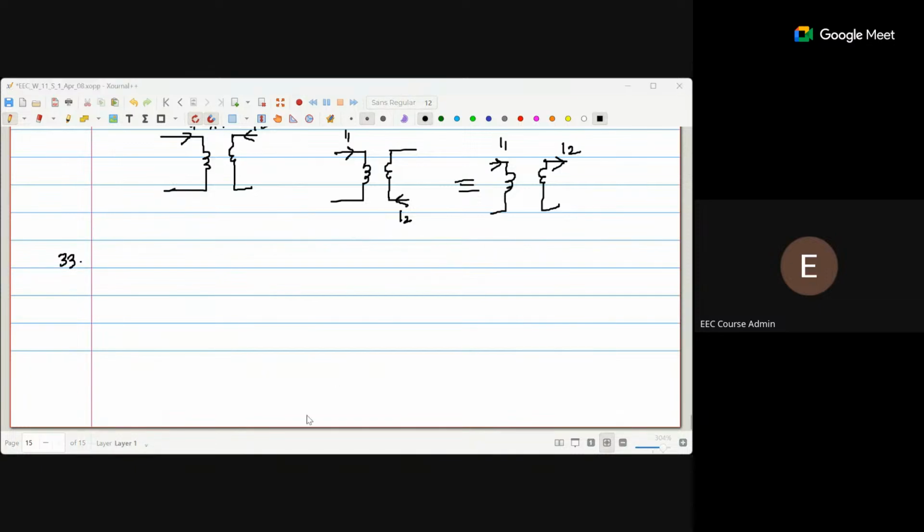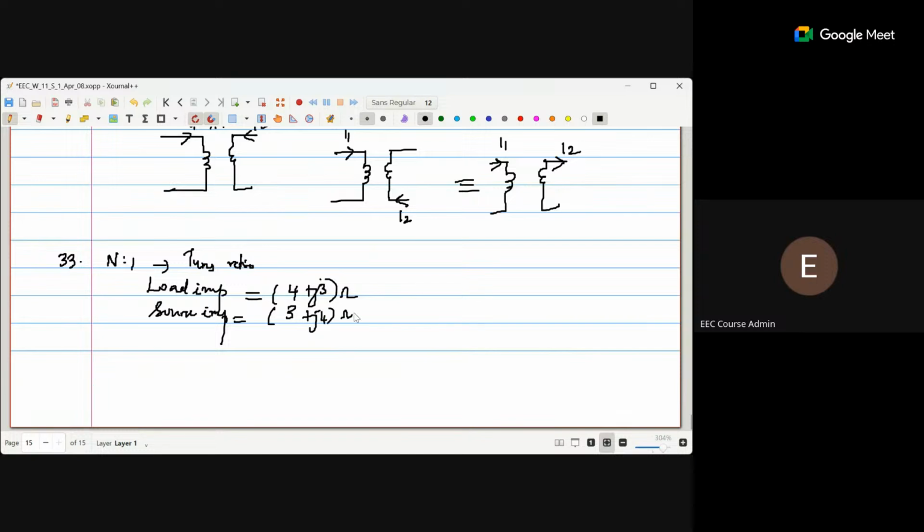Second, what was the load impedance? Load impedance is 4 plus J3 ohms. Source impedance is 3 plus J4 ohms. And n is to 1 is the turns ratio.